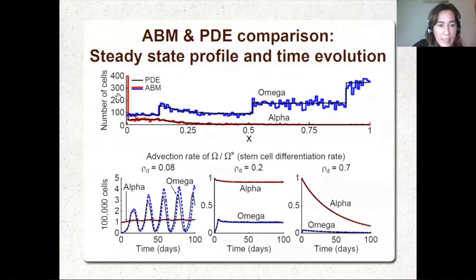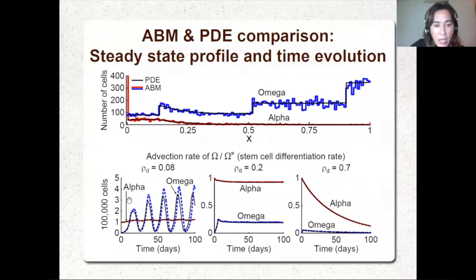This is the steady state profile, so this is number of cells and the cell differentiation levels. For the ABM, it looks this way because the differentiation levels have been grouped into wells, so that's why we get this kind of shape.